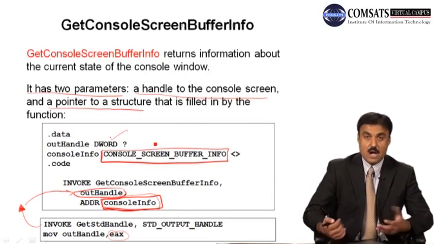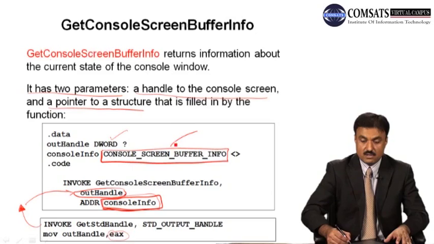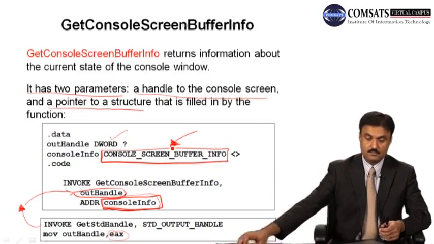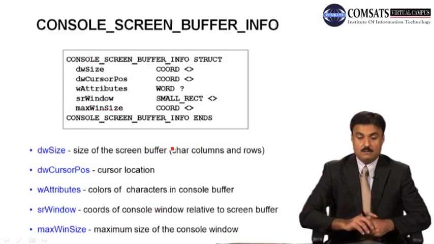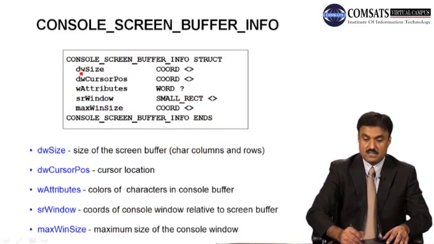Very simple one. Now we have to see what is inside this structure and what are the members of this structure. As we already know how we can define structures and how we can create the members of this structure. Now this is the console screen buffer info structure. First one is the dwSize, then cursor position.